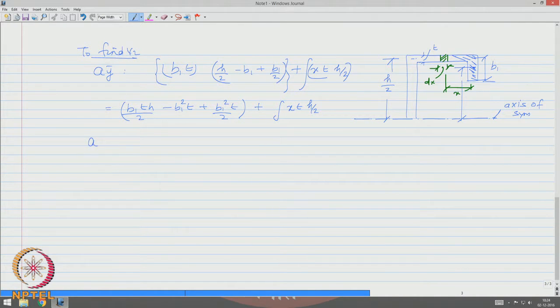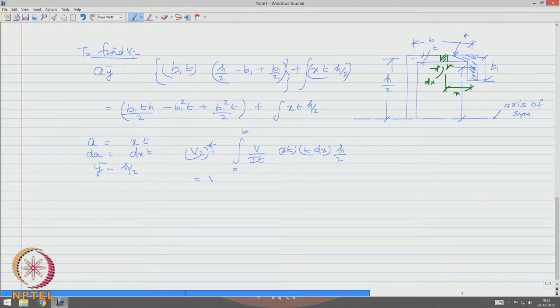Let us compute the area is x t, dA is dx t, and y bar for this piece is h by 2. Therefore, V 2 is going to be V 2, let us say star, that is this part, horizontal flange, is going to be integral V by I t x t t dx h by 2 0 to b, because that is the dimension of this, 0 to b.